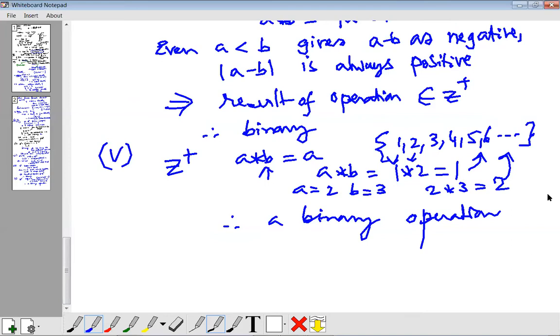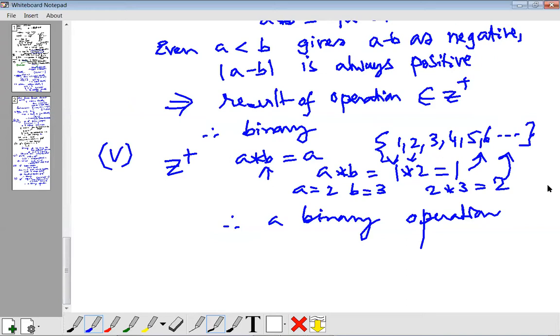Second question. For each of the operations defined below, first determine whether it is a binary operation. If it is binary, then check whether it is commutative or associative. He's not asking about anything else. Test all these things.